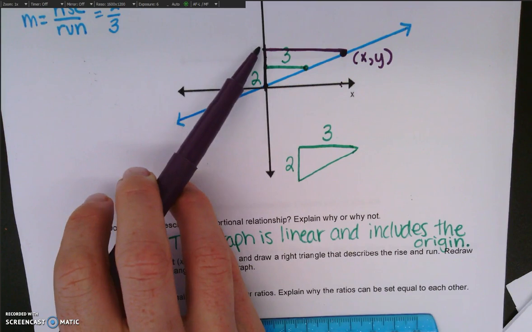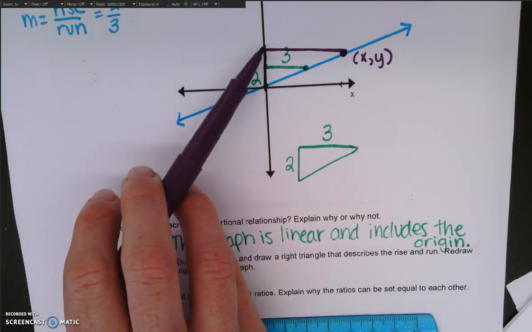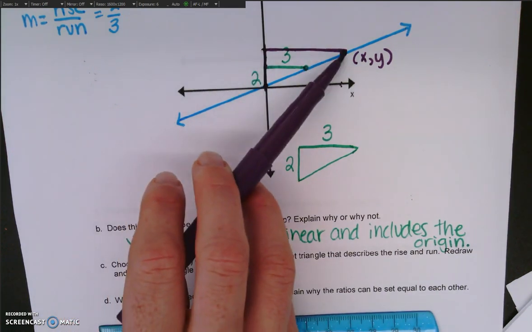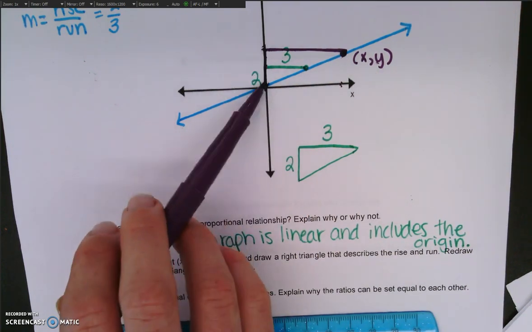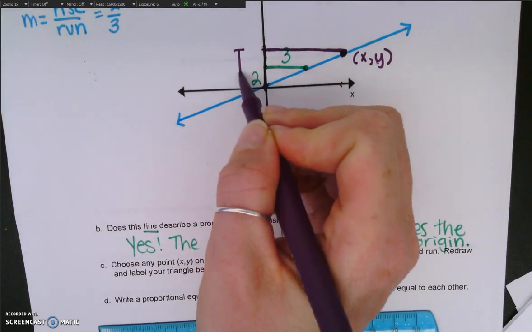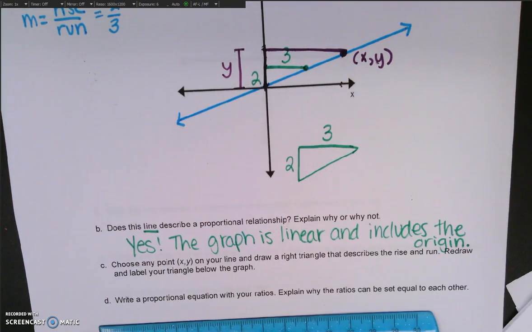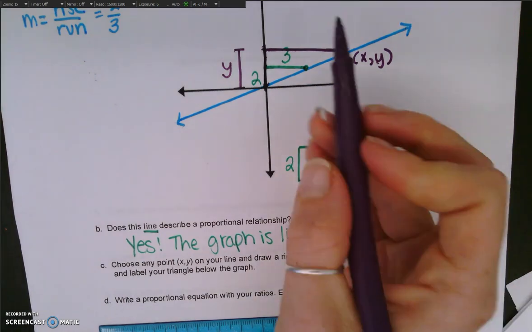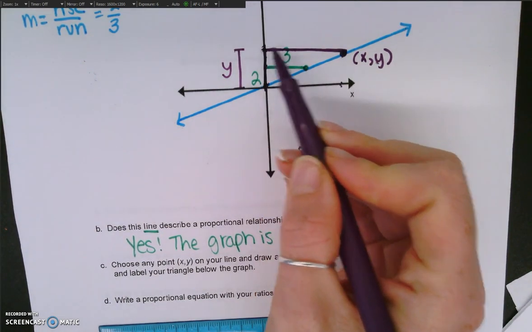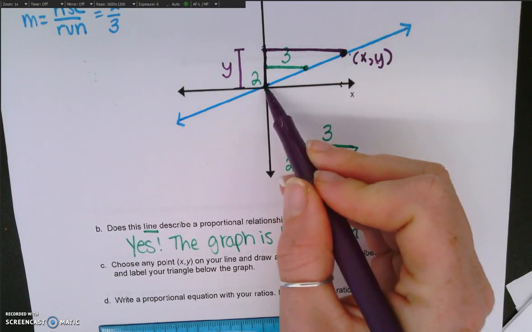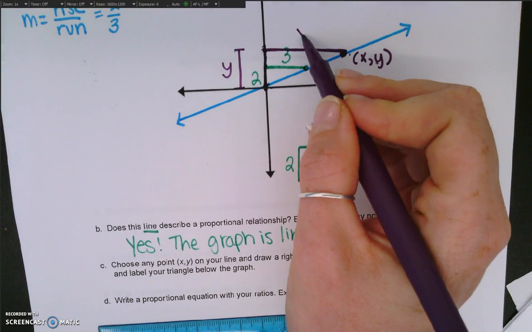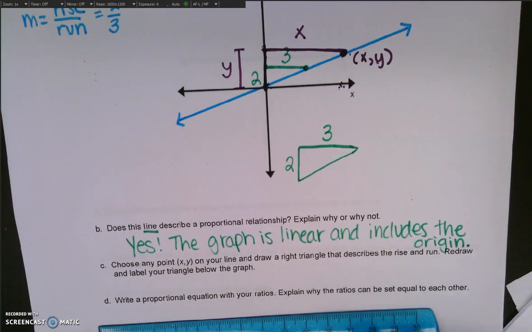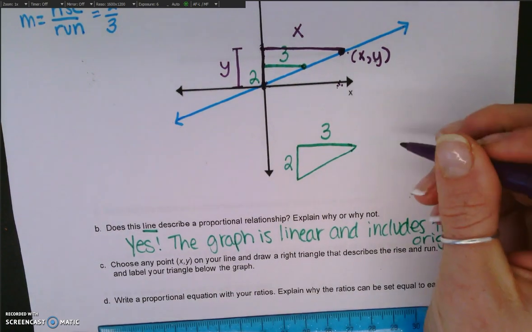Do you remember how I can determine what this point is? Go back to this coordinate, and the y value is this vertical distance. So from here to here is y. That means from here to here is the same distance from my origin to my x value, which means my run is x.